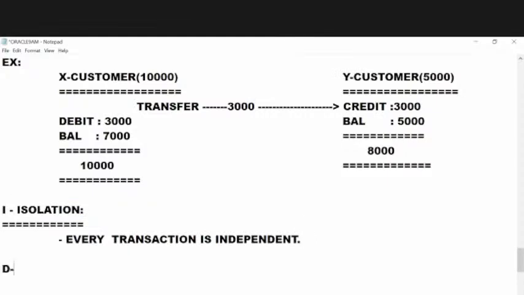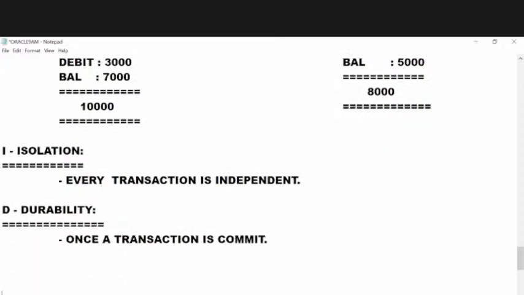And what next? D. D stands for durability. What is meant by durability here? Durability means once a transaction is committed, no one can change this transaction.